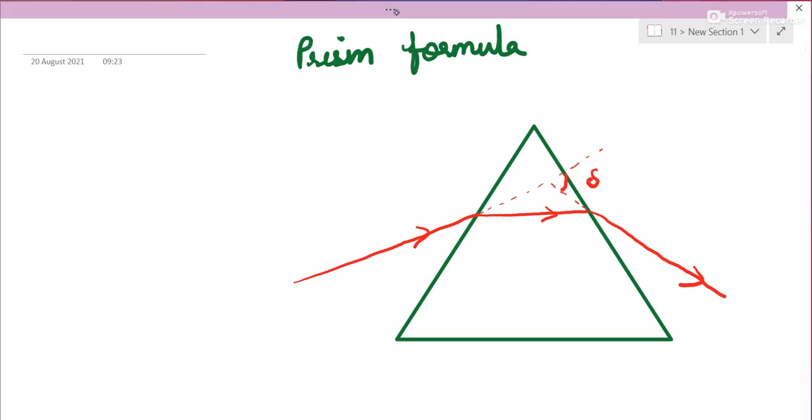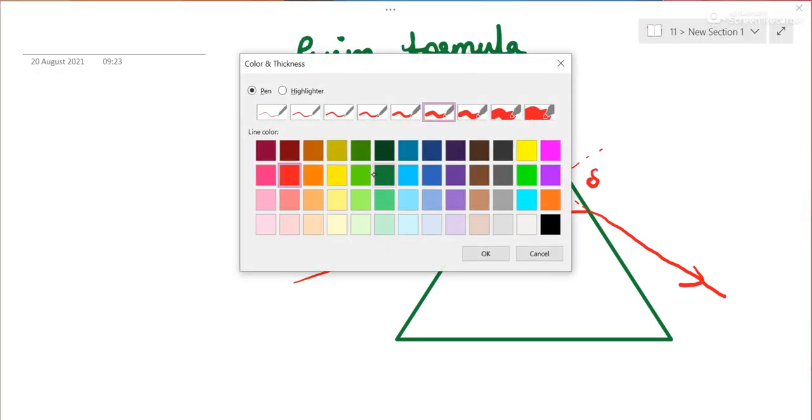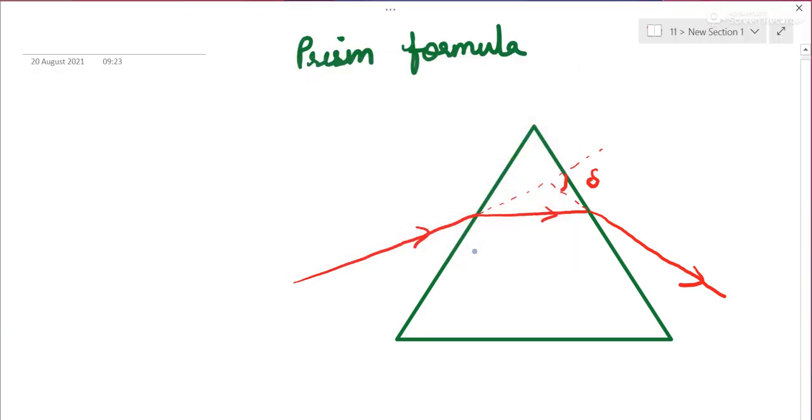Now let us draw normals at both the surfaces. So this is your normal, and here also this is the normal. Let the normals meet. Now let us do the labeling.